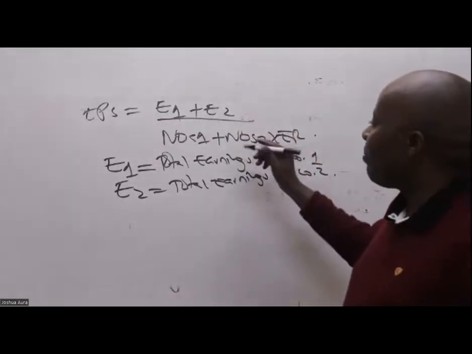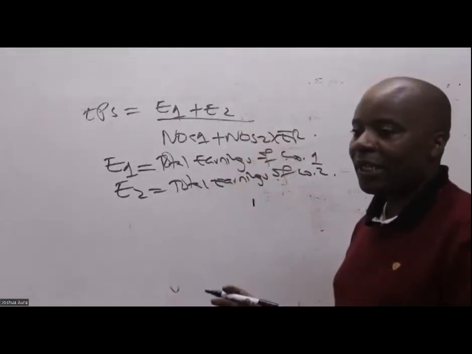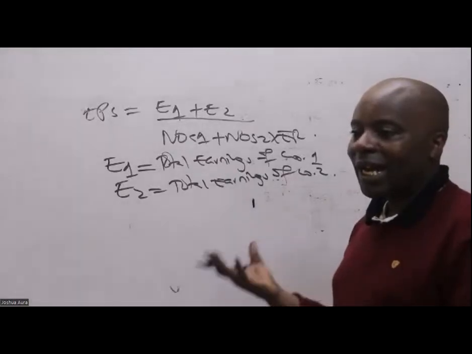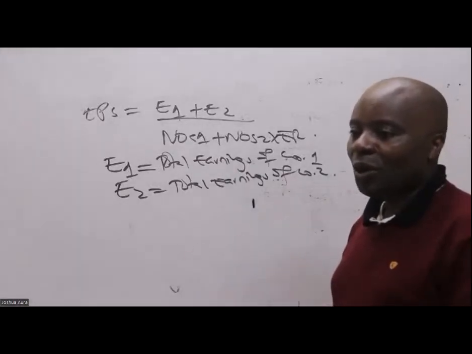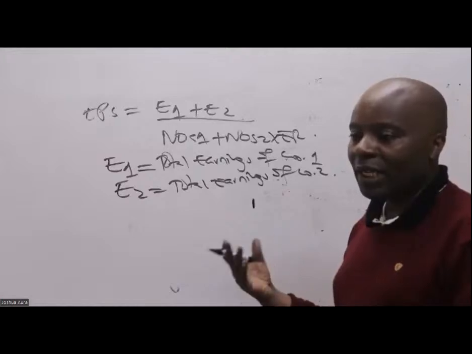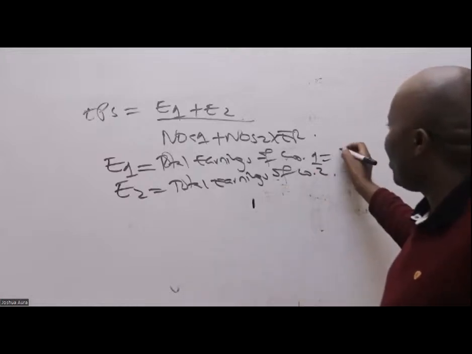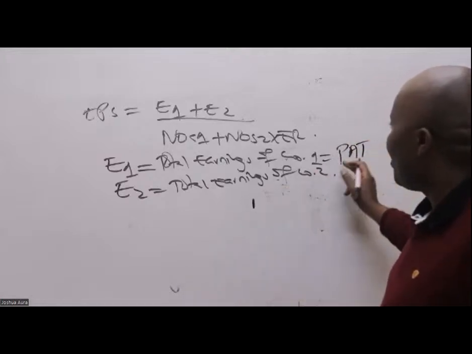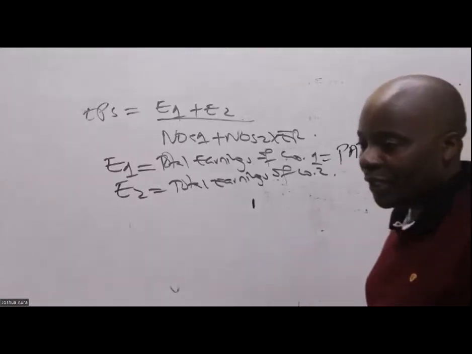You see, these earnings in financial reporting, earnings attributable to ordinary shareholders, are profits after tax. So he said here equals PAT, equals profit after tax.